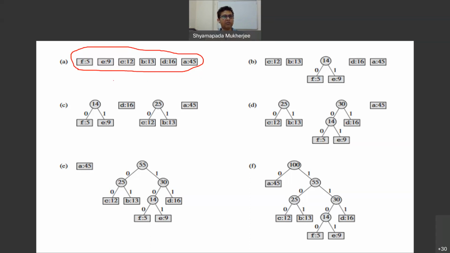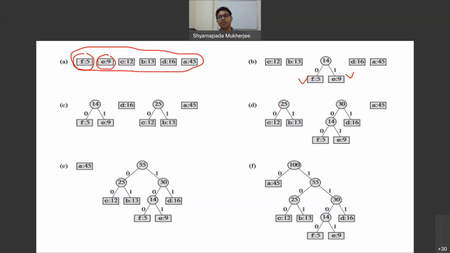So how is this algorithm doing? It takes out the character with the smallest presence, that is F with 5, which we can do easily using a minimum priority queue. Then the next one, and both of these. The first creates the left node and the second creates the right node, and the corresponding branches are labeled with 0 and 1.